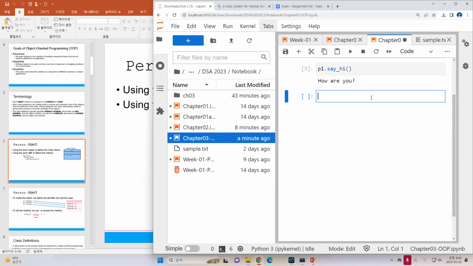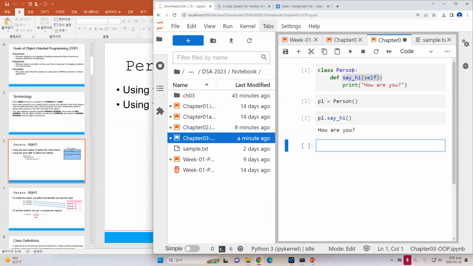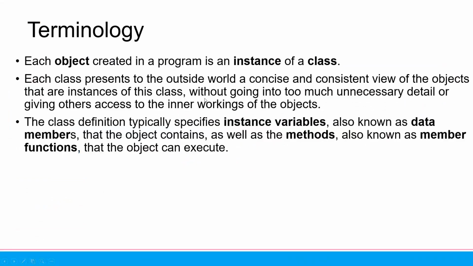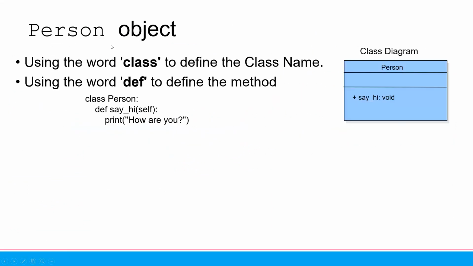Now, this class only has one method, but as I mentioned to you, a class can have methods and it can have instance variables. Instance variables means, if I have a person object, then the person should have a name, or maybe a phone number, or like an ID.